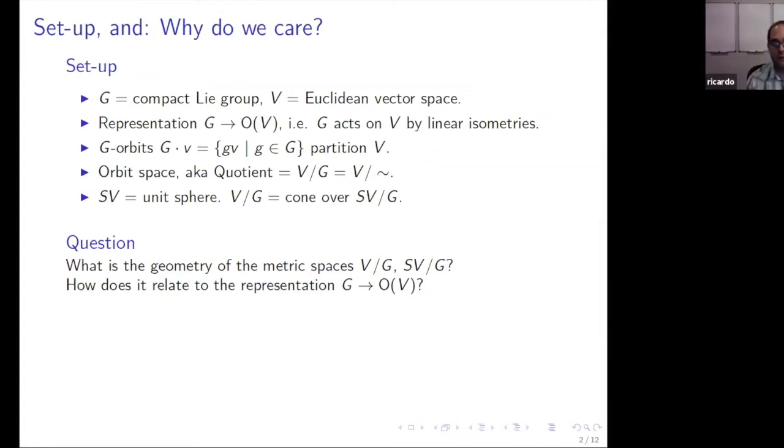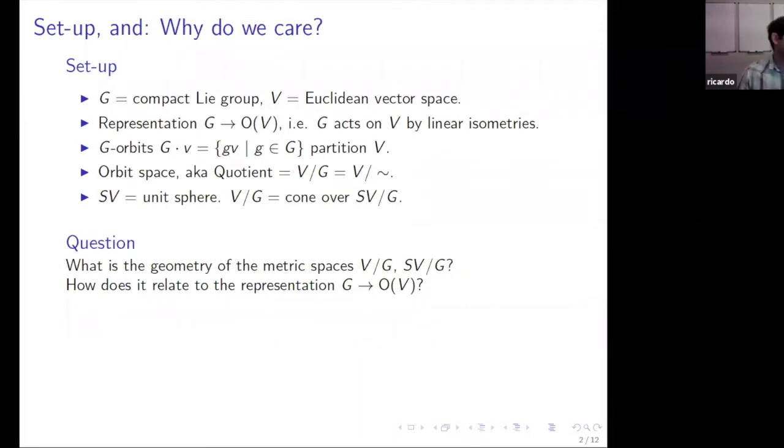What can we say about all kinds of geometric invariants of these metric spaces? And how do they relate to the representation, from the algebra of the representation and the algebra of the group? This is the main question I want to talk about today.